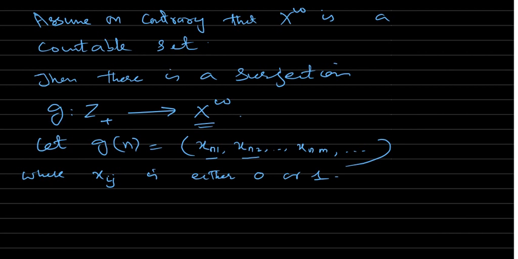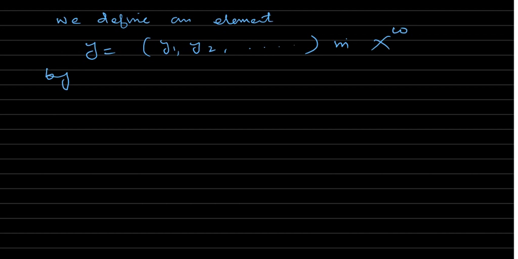Now we define an element in X power omega. We define an element y, which is an infinite tuple y1, y2, and so on and so forth, in X power omega, by, how will I define this? What will its nth entry be, y n? Obviously the nth entry will be either 0 or 1. Now what will this entry be? It is 0 if x nn is equal to 1, and it is 1 if x nn is equal to 0.